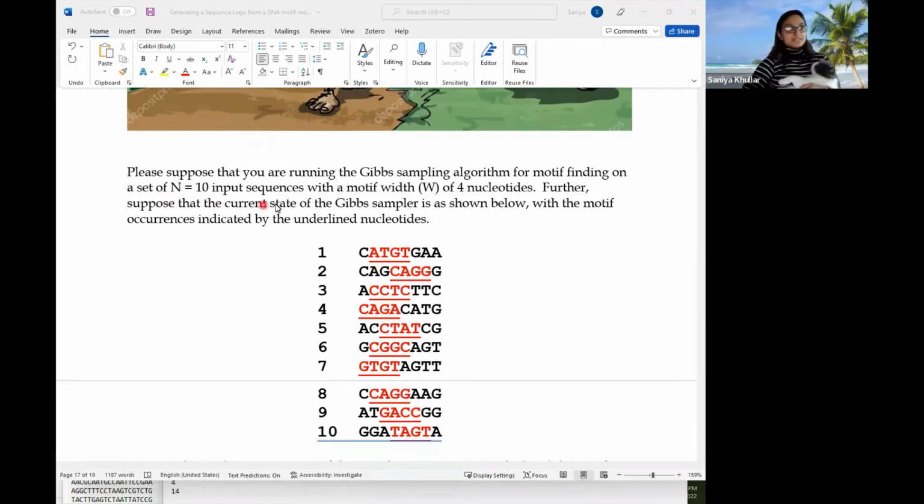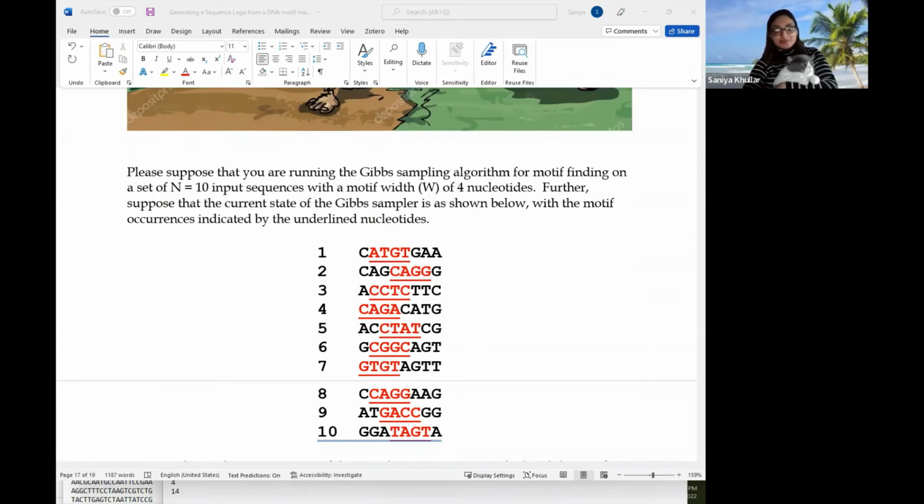Further, suppose that the current state of the Gibbs sampler is as shown below, with the motif occurrences indicated by these red underlined nucleotides. These are sequences 1 to 10. These are the motifs as of now, and the rest are background.